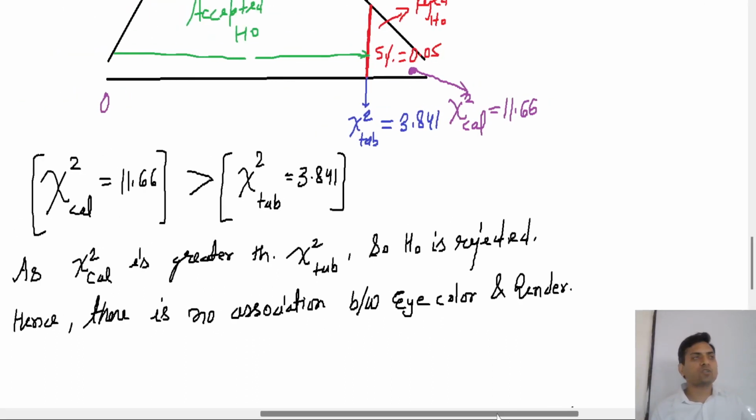So this is the second case of chi-square, in which we use the contingency table.